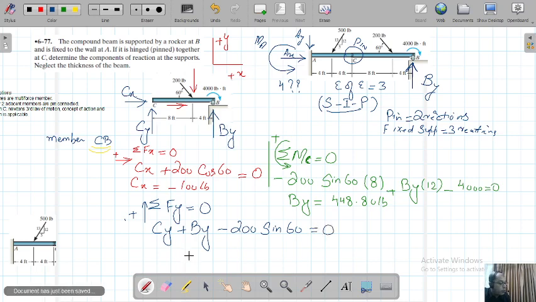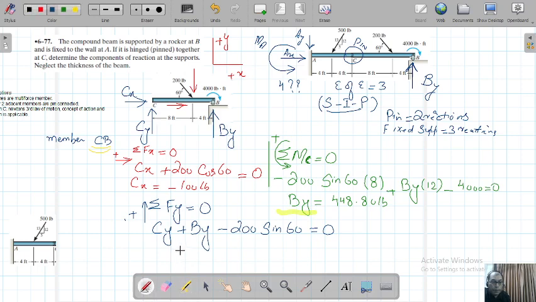So from here what do you get? You get your Cy equals to, and again if you want you can just make it easier, because your unknown is basically Cy here, and you have already calculated your Dy. This was your Dy.